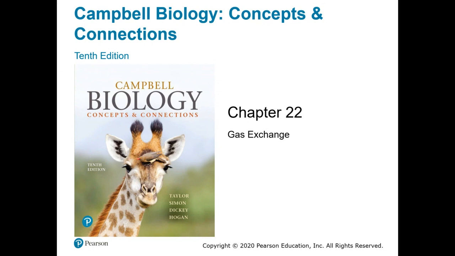All right. So again, we're going to look at various forms of organs that will take air or oxygen out of the atmosphere and exchange CO2 with the atmosphere. So the whole goal is to get oxygen into the bloodstream to feed our cells, and then to get the CO2, the waste product, out. And that's really what gas exchange is.